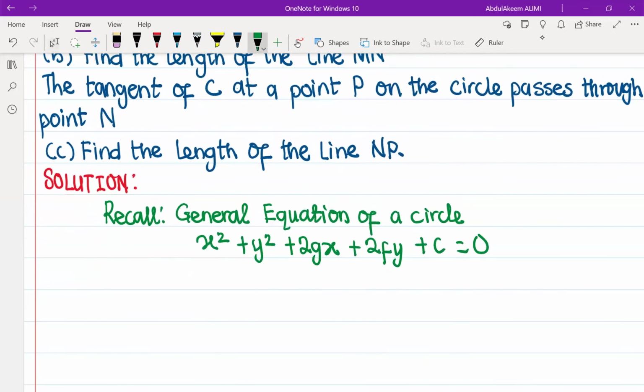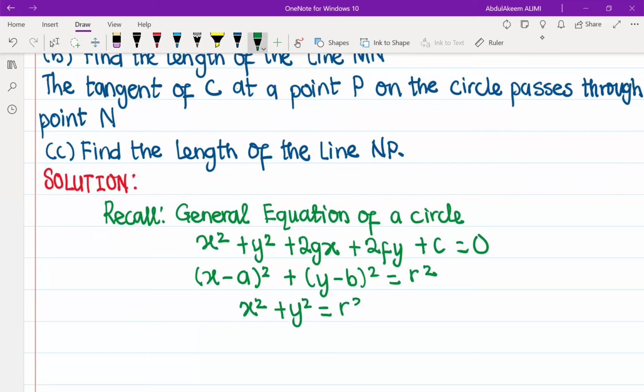I can also have the equation of a circle in this form: (x minus a) all squared plus (y minus b) all squared equals r squared. And I can also have x squared plus y squared equals r squared.